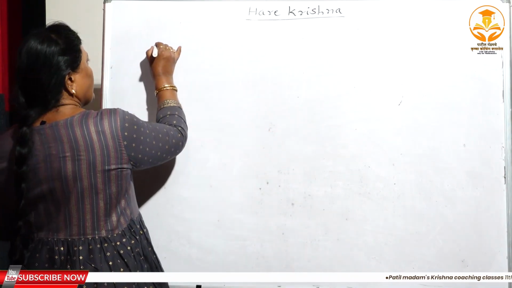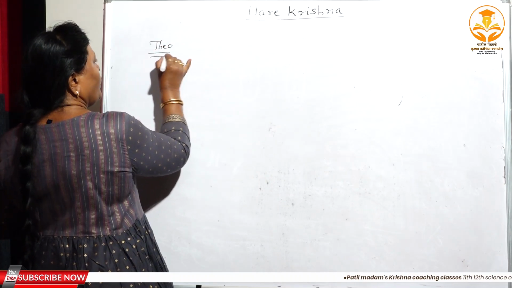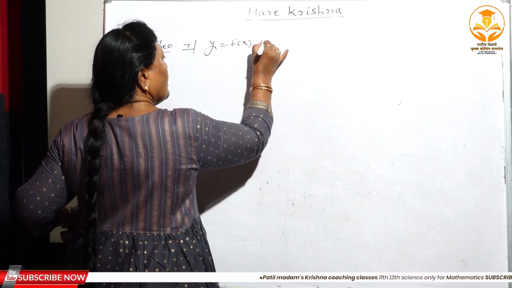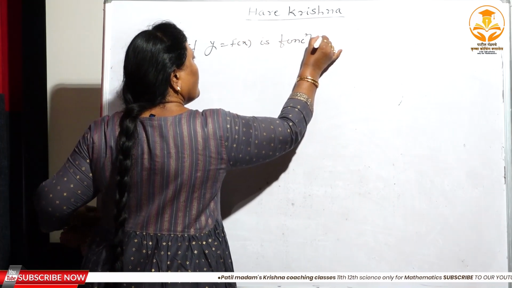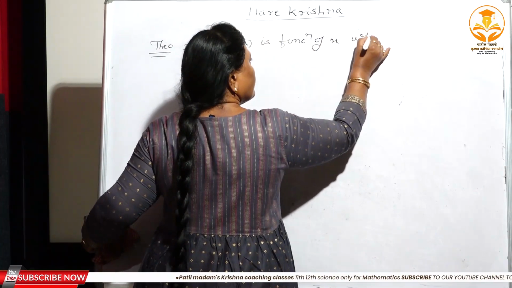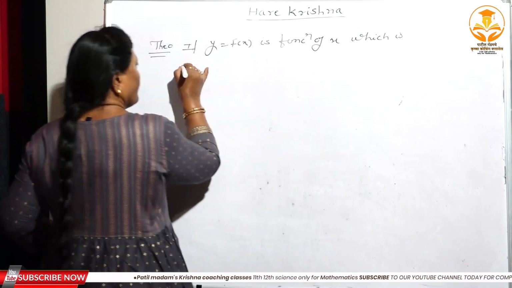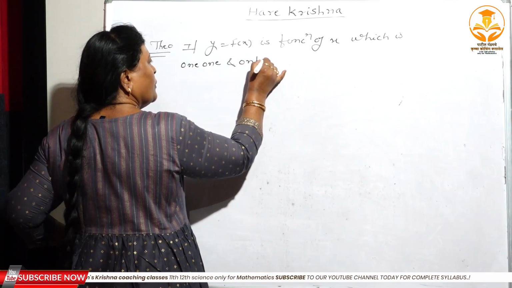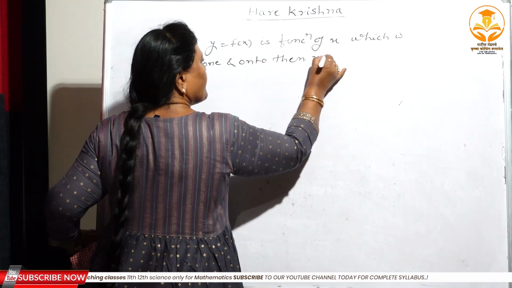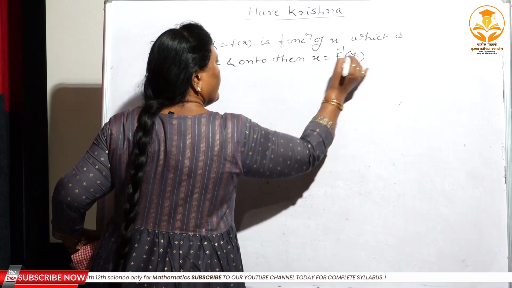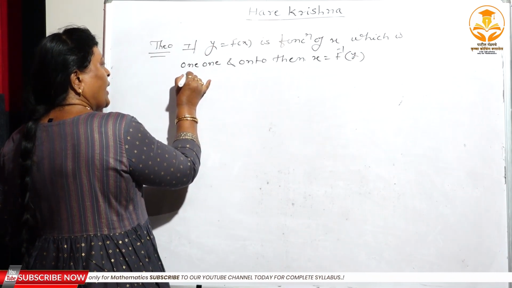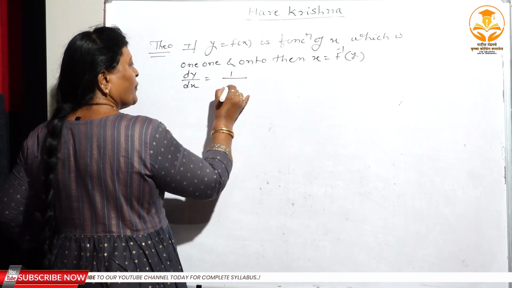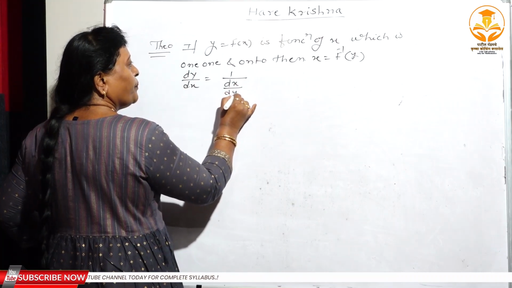See the theorem here: if y is equal to f of x is a function of x, which is 1-1 and onto, then x is equal to f inverse of y, and prove that dy by dx is equal to 1 upon dx divided by dy, right?